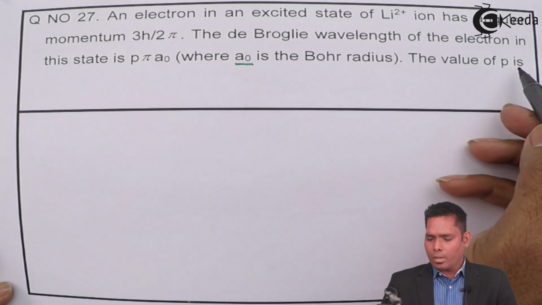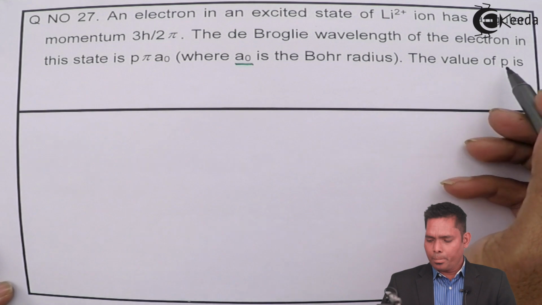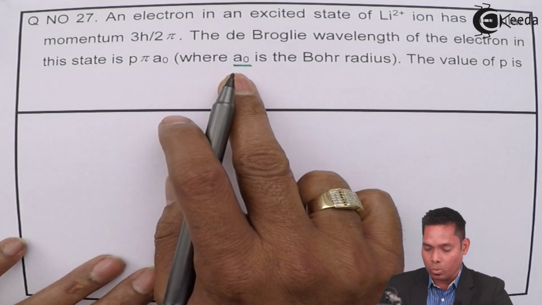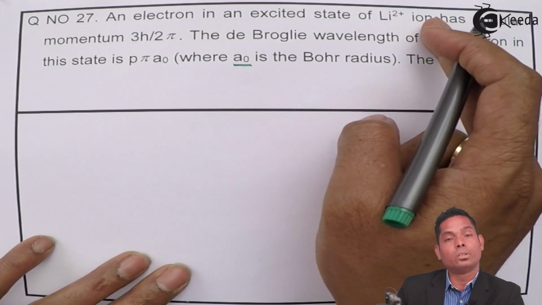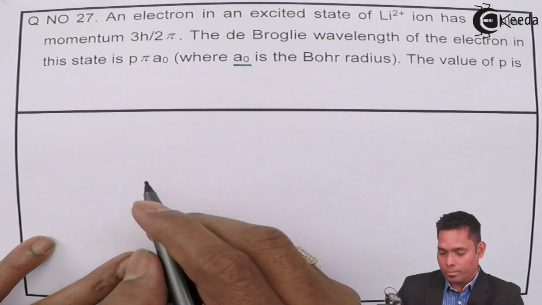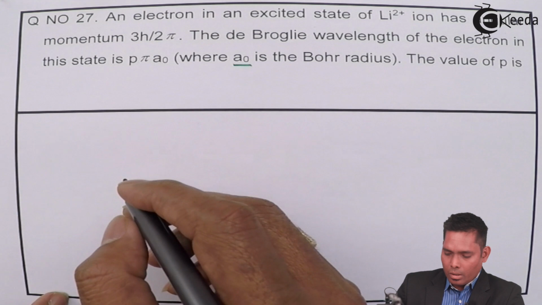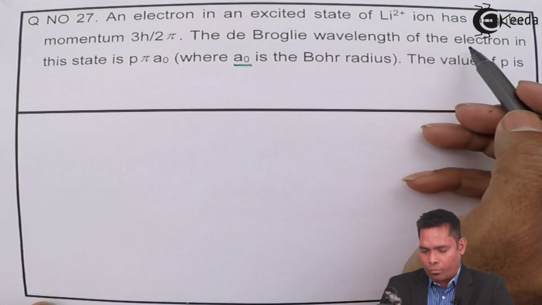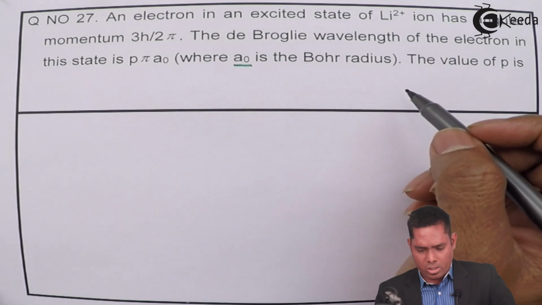The value of p is to be found. Now, the de Broglie wavelength of the electron in this state is this.